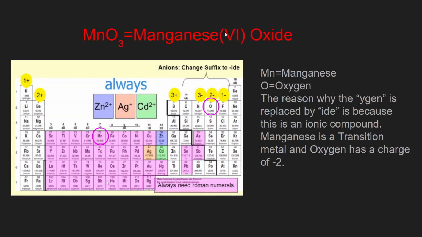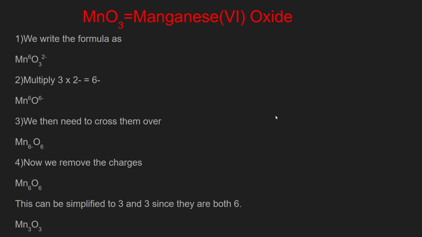It tells us that the charge is 6. We would write the formula as Mn6O3 with a 2 minus, or -2. We would then multiply 3 times 2 minus, which would equal 6 minus.